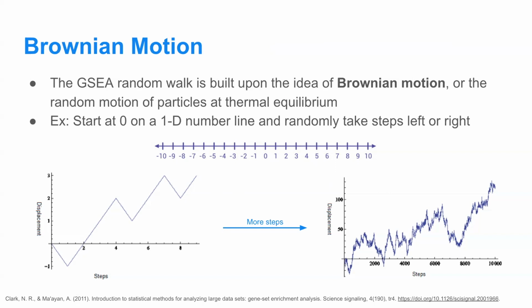Each step you can go either left or right randomly. You can then create a graph of the displacement from the original position of 0 over time. On the left, you can see that if you take a few steps, that might be what your path looks like. On the right, you'll see that the more steps you take, the more fluctuations you get in the displacement. But generally you are getting further and further away from the 0 position.